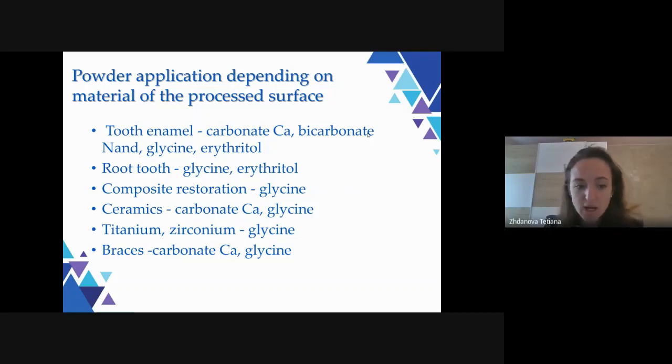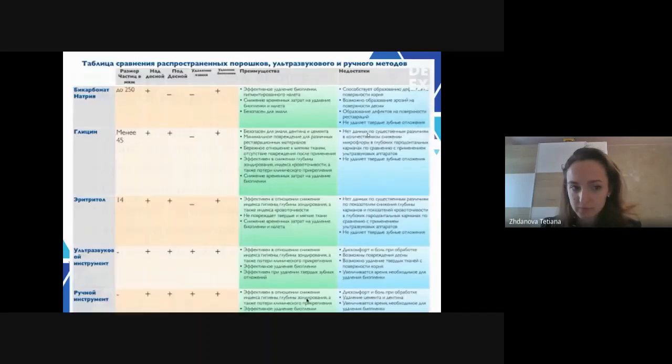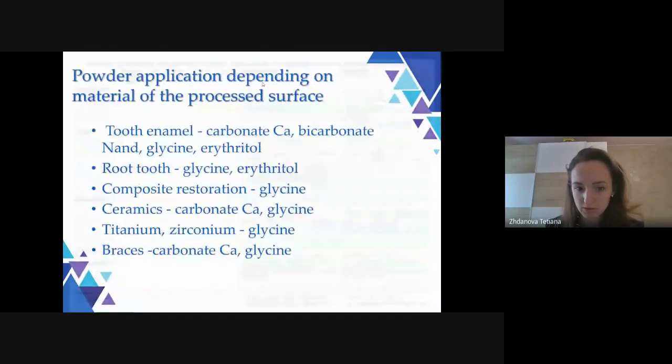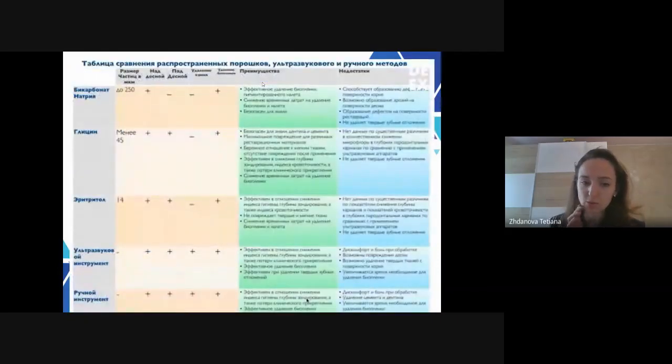And for braces, calcium carbonate and glycine. It is a special table.